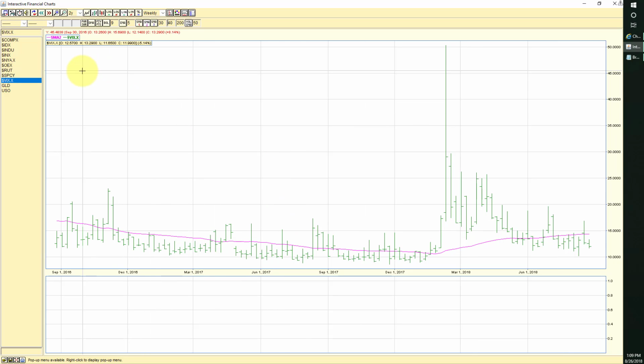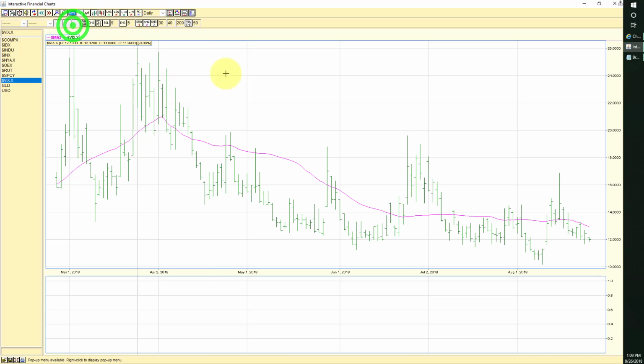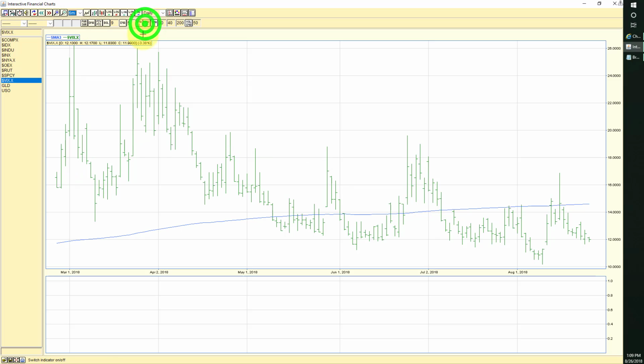We actually closed this past Friday at $11.99. Let's switch to a 6-month daily chart. Here you can see that the implied volatility fell for most of the week and actually pulled down ever so slightly the 200-day simple moving average.